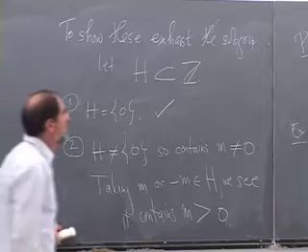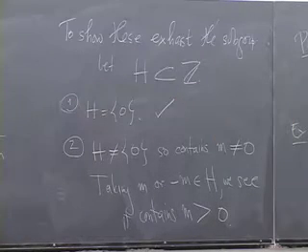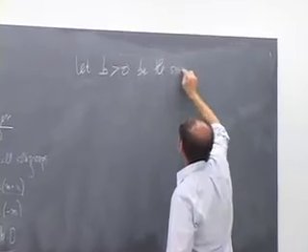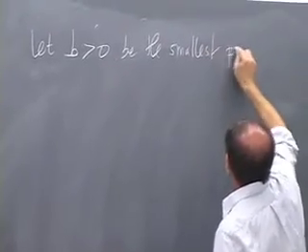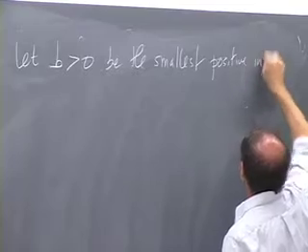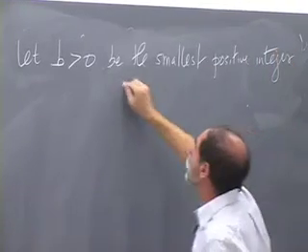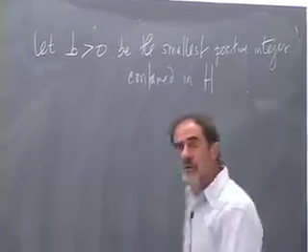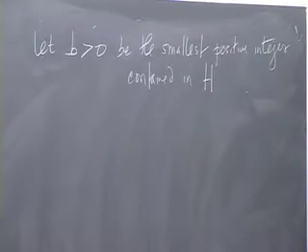So if you found it contained minus 3, it would also have to contain 3. And then the trick of the Euclidean algorithm is to let b be the smallest positive integer contained in H. Since it contains positive integers, it contains the smallest one.